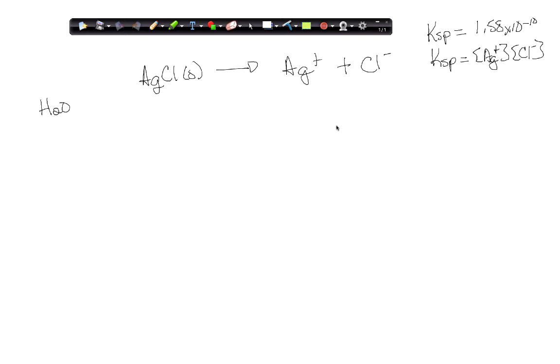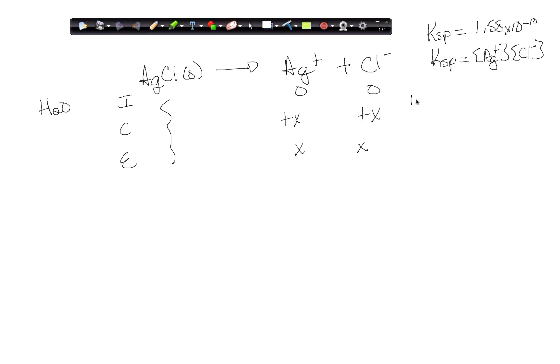Well, what we're going to do, we have the Ksp value. We're trying to find the molar solubility, so we need to find little x. So we're going to set up an ice table. So initially there's 0 and 0 because it's just water. And we're going to add 1x for each of these. Well, if the Ksp is that, I'm really just solving for little x.